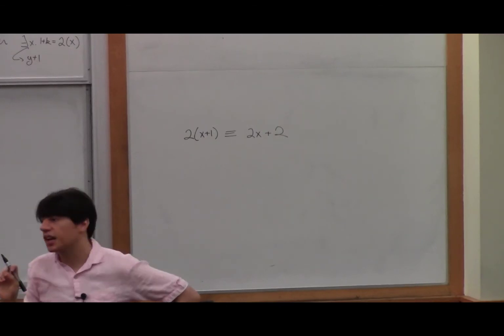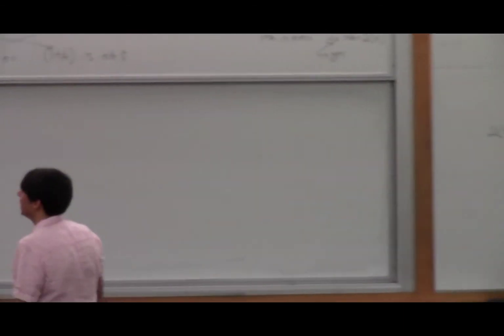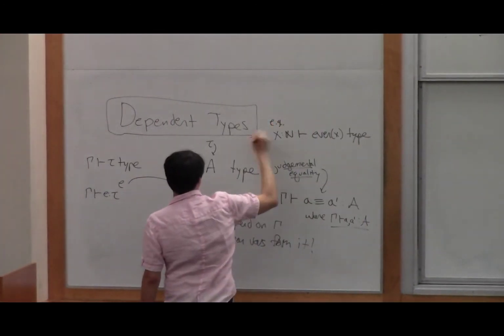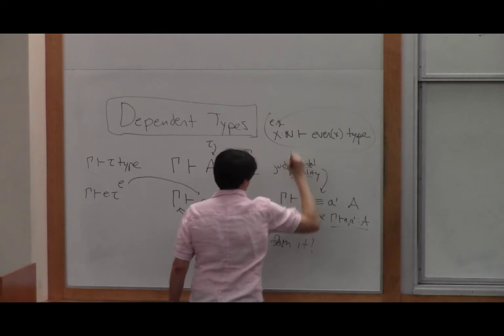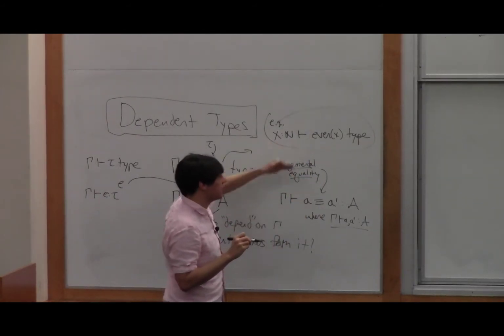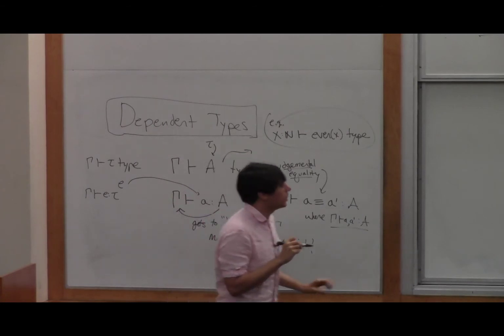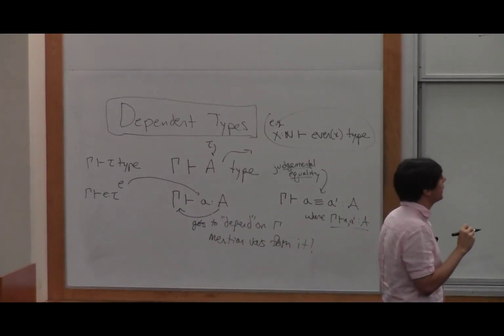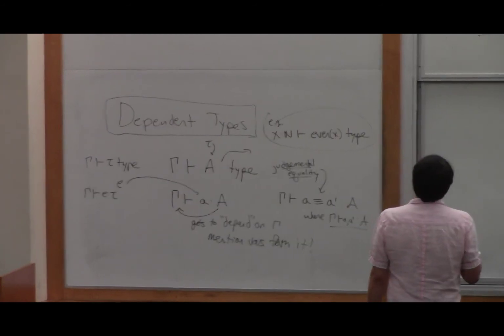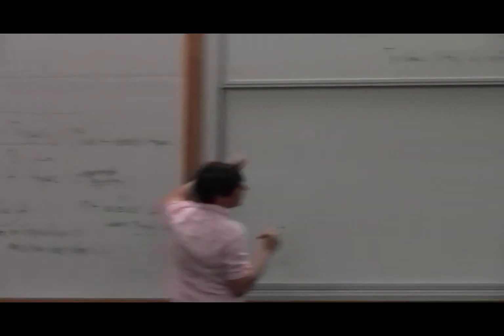Okay, so that's the setup. We have being a type, which can mention variables. We have being an element of a type and being equal elements. And this induces a notion of being equal types, but we can kind of slip past that for a second. All right, so now let's talk about for all.